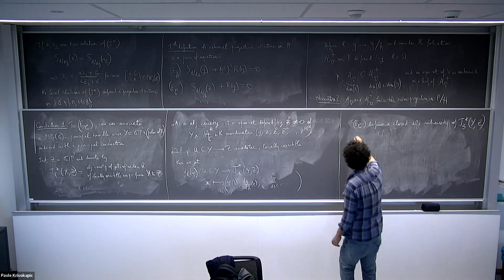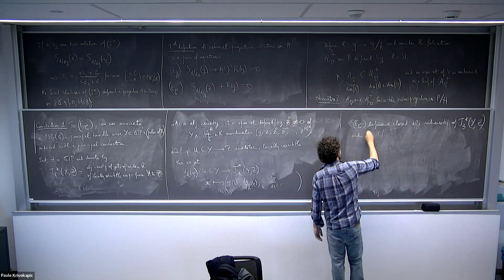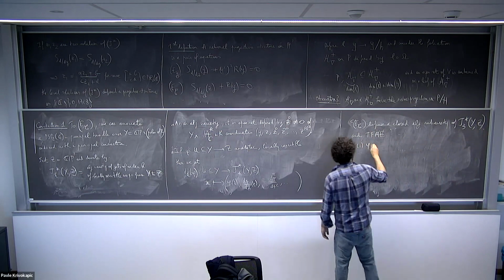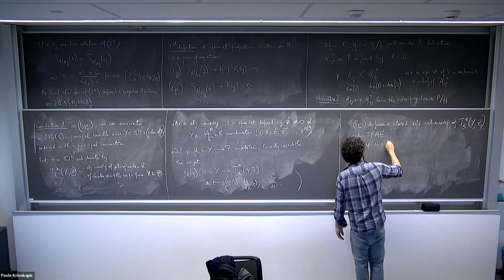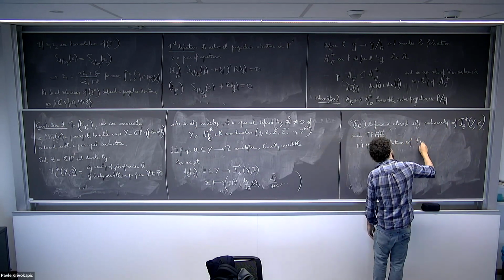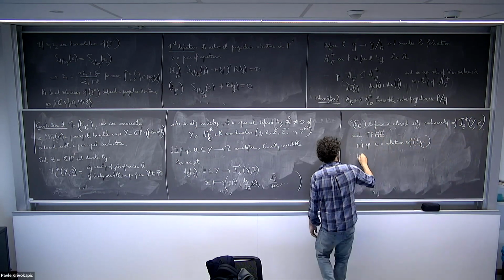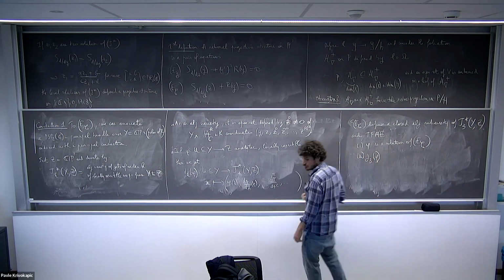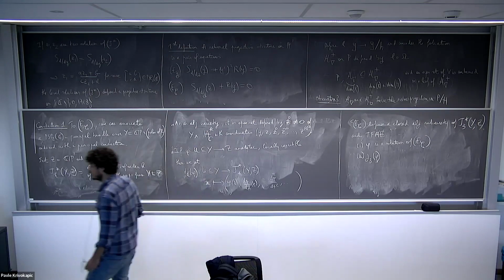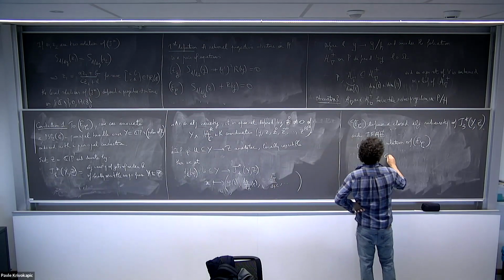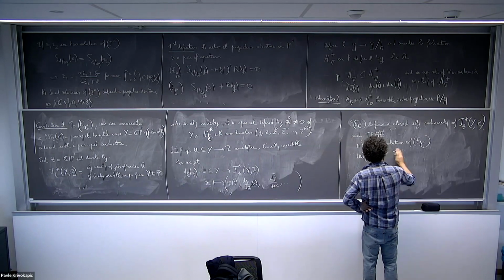Okay, and the following are equivalent. Phi is a solution of E_C. The third jet of phi, okay, just say, is a solution that belongs to C, takes values in C.